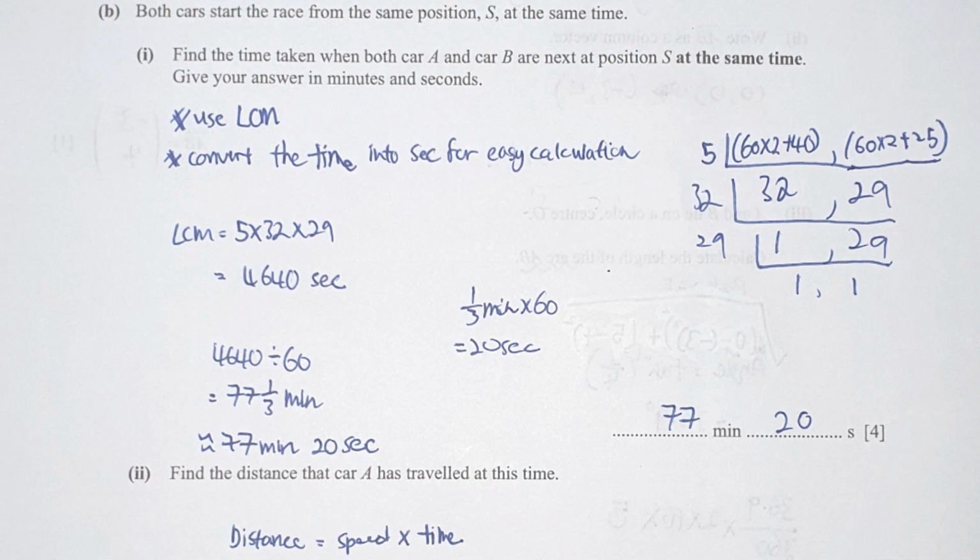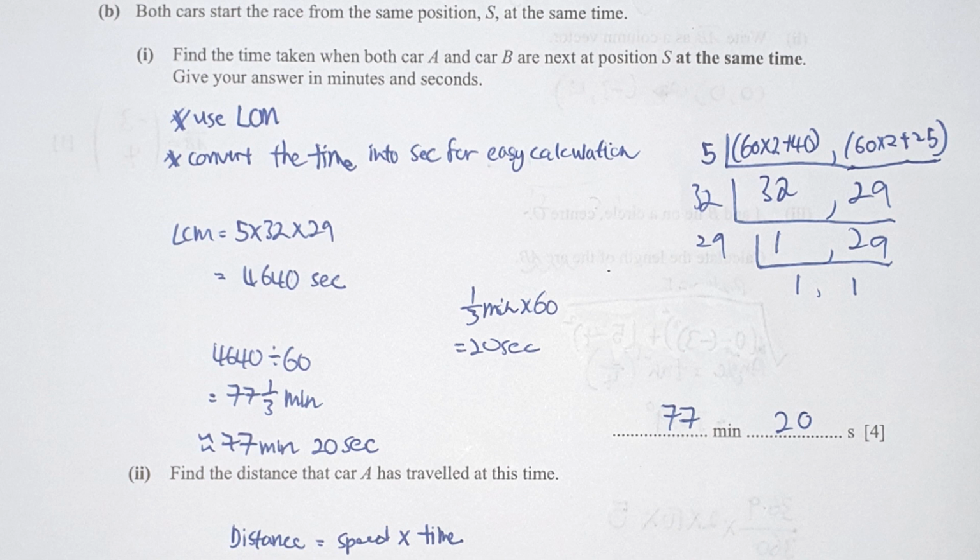Question part B number 1, we are using the LCM concept here. You're required to convert the time into seconds for easier calculation because it's in whole numbers. So 2 minutes and 40 seconds will turn out to be 60 times 2 plus 40, which is 160 seconds.